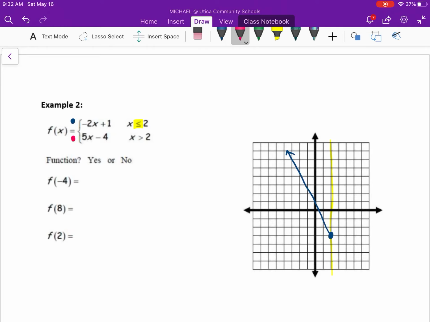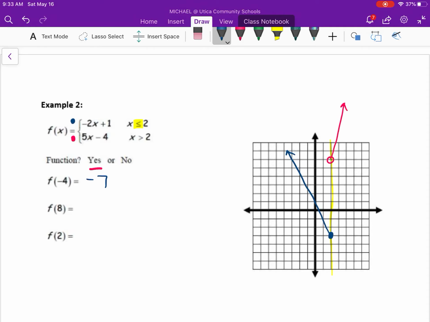All right, for the pink function, I plug in a 2, I get 6. That's an open circle, and that has a slope of 5, which is going to go off the page pretty quickly. So is that a function? Yes, it's a function. When I plug in a -4, that will be the blue function, and I get -7.